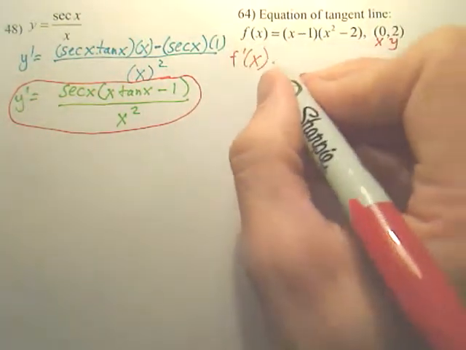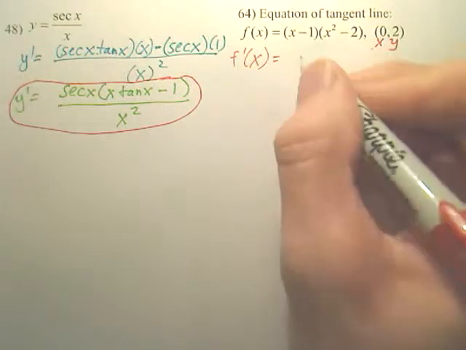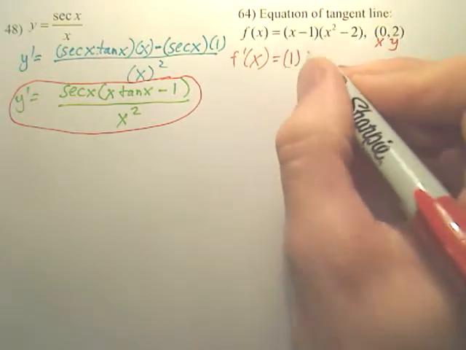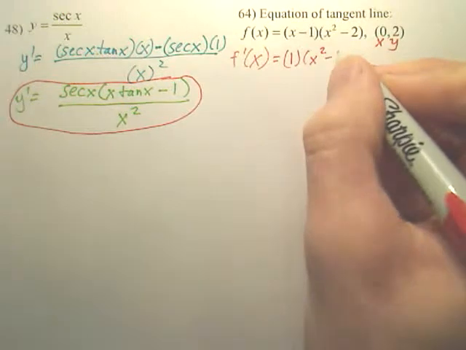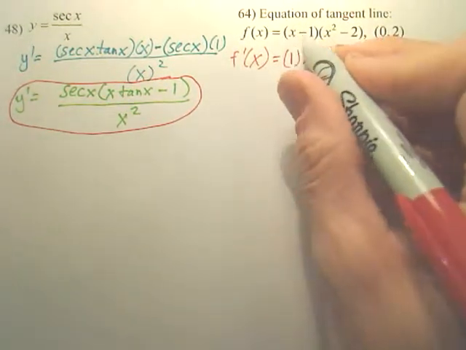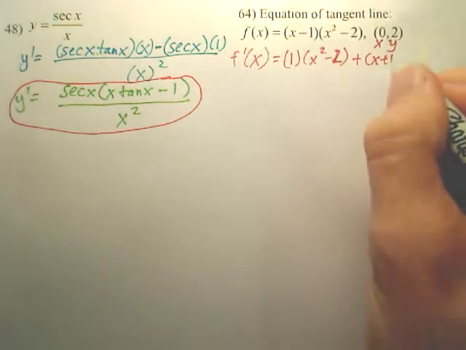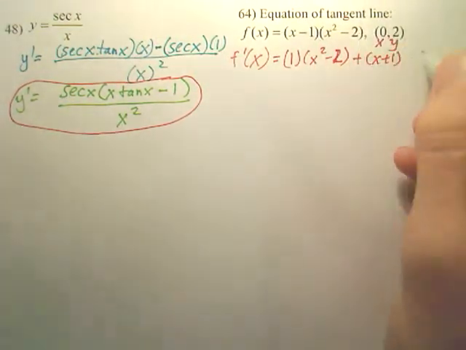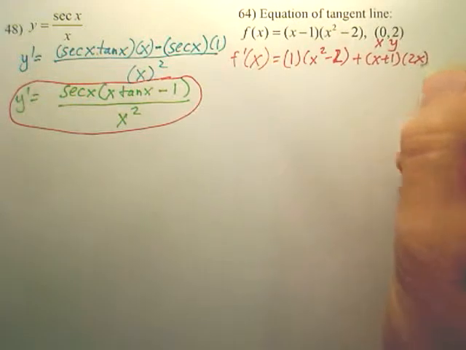If I did product rule, the derivative of the first piece is 1. Leave the second. Plus, leave the first, and the derivative of x squared minus 2 is 2x.